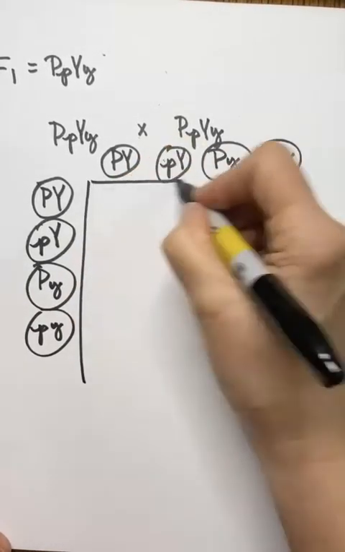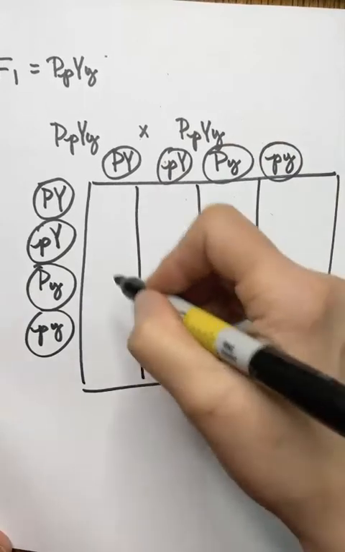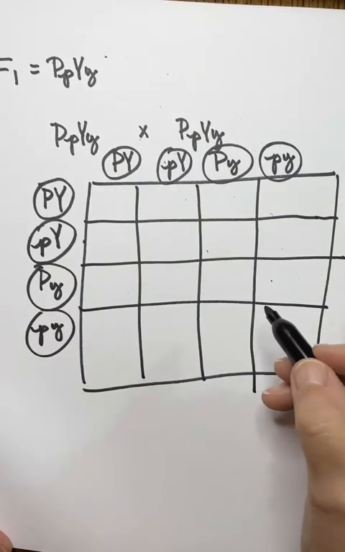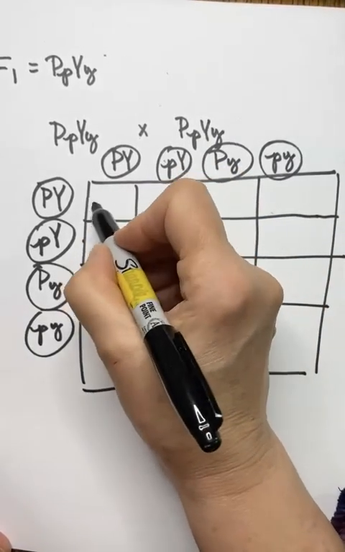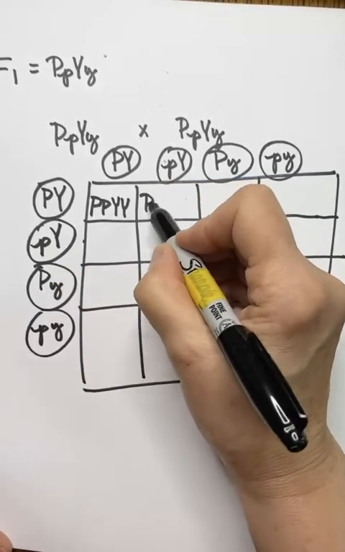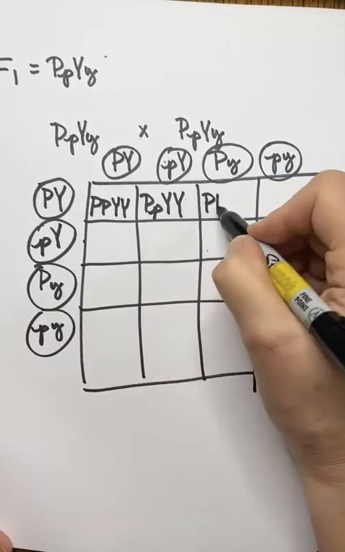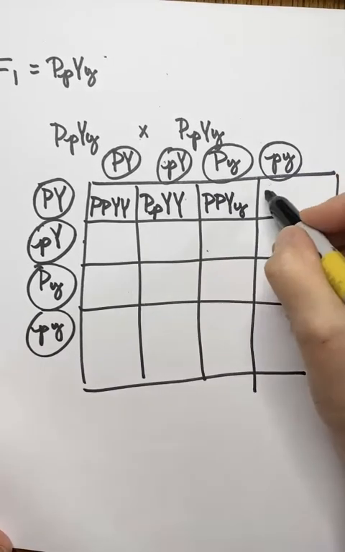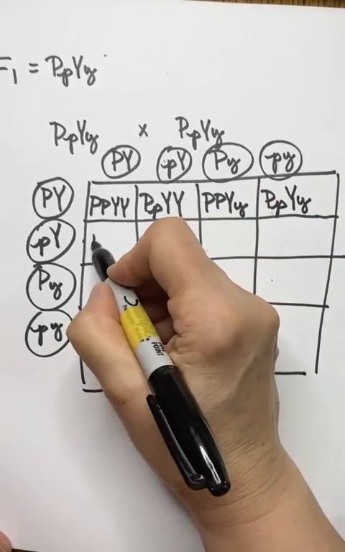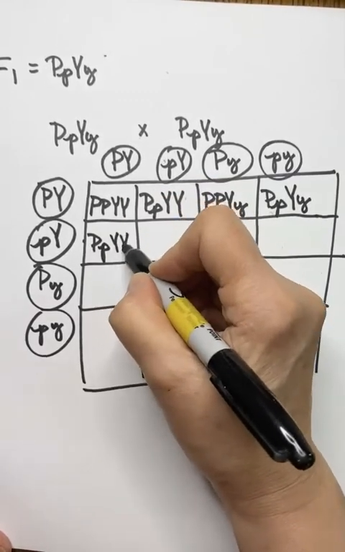Okay, here we go. Now we're going to have a gigantic Punnett square. Because now we got to put it together, all these P's and Y's. Okay, I'm going to try to be neater. Capital P, capital Y, capital Y. Okay, I'm just going to let you watch me, because that's a lot of P's and Y's. Remember, always to put the capital letter first. That just makes everything easier to read.